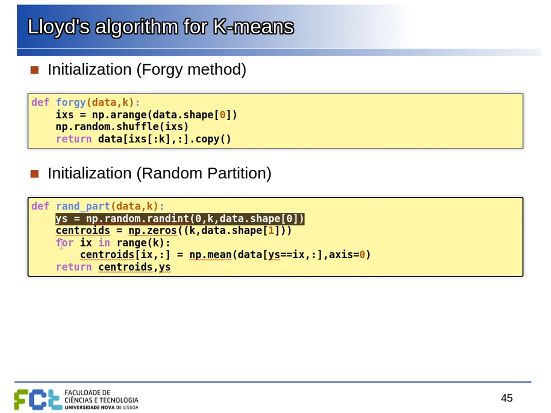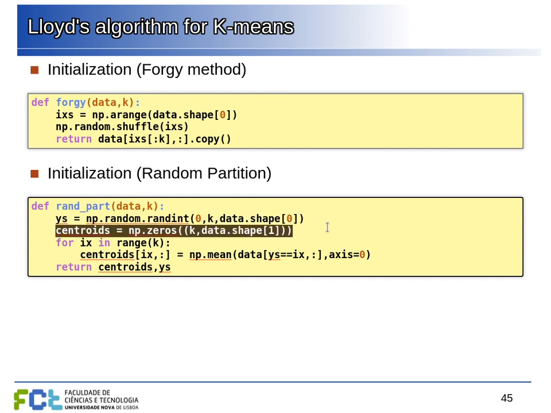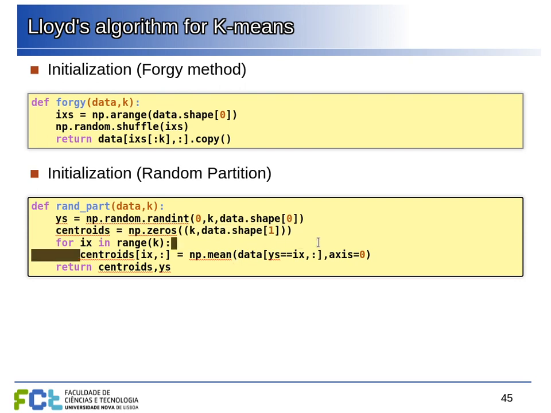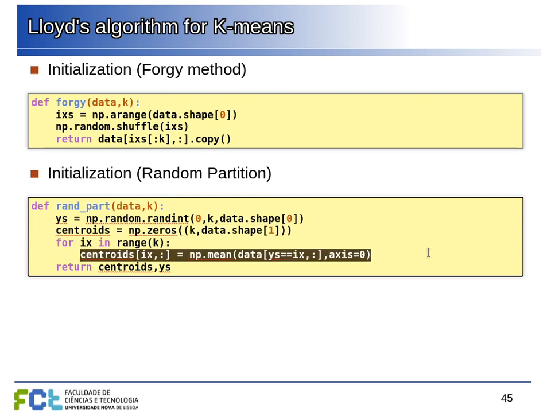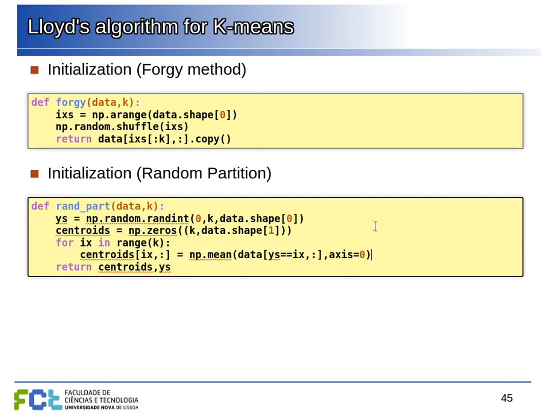And now we're going to compute the position of the centroids by computing again the mean point of all the examples that belong to each particular cluster. So this would initialize our centroids using this random assignment of points to clusters.